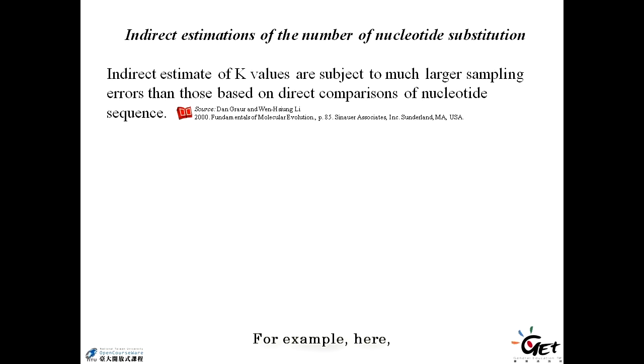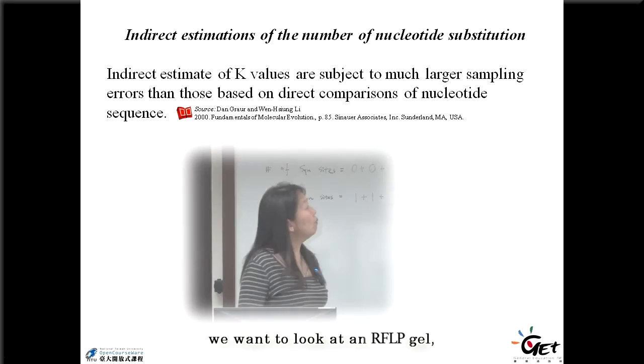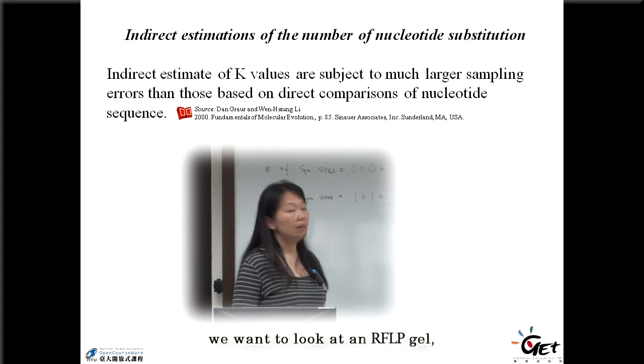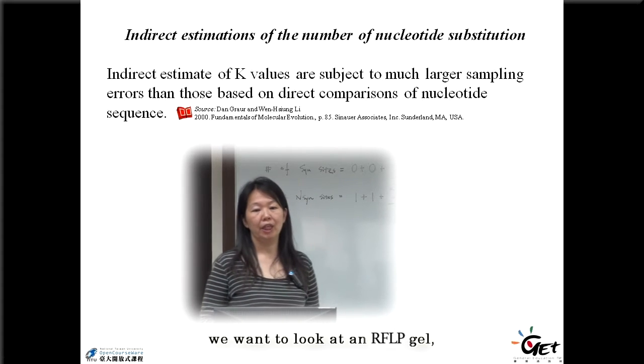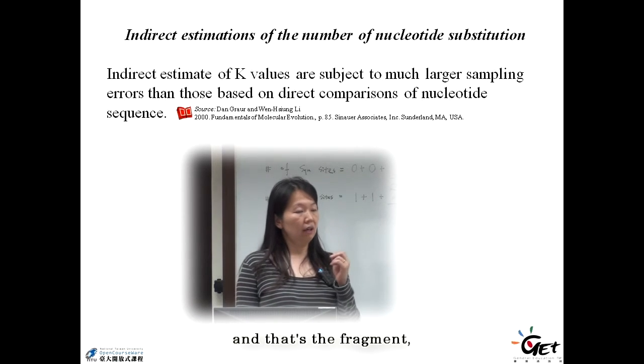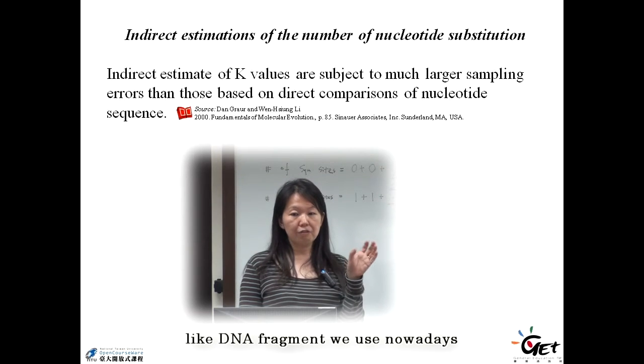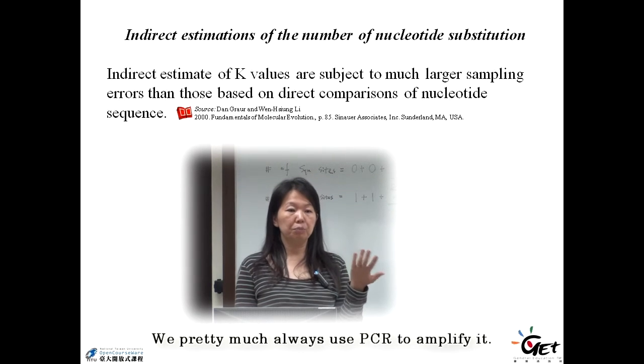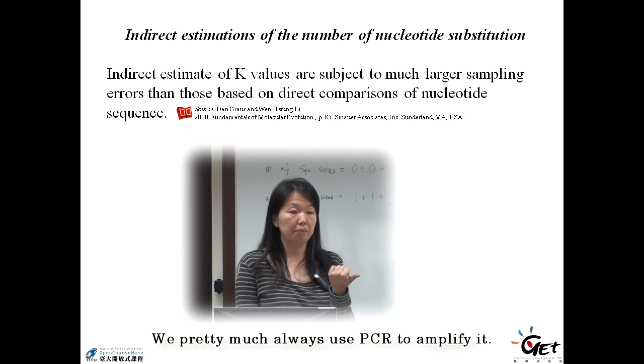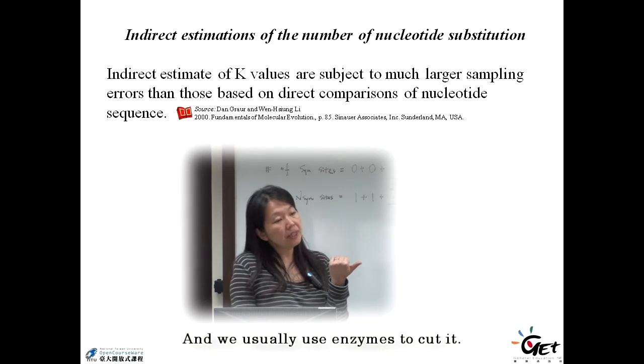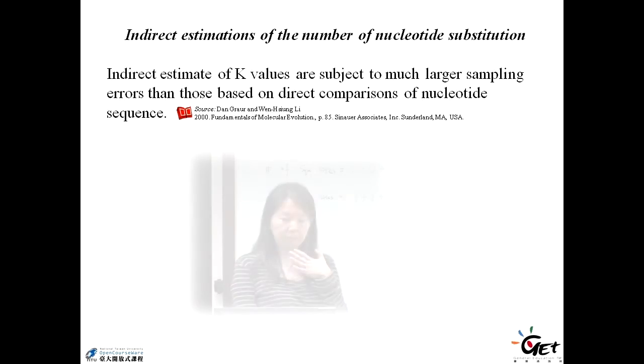For example, here we want to look at an RFLP gel, which shows DNA fragments. Nowadays, we pretty much always use PCR to amplify it, and we usually use a restriction enzyme to cut it.